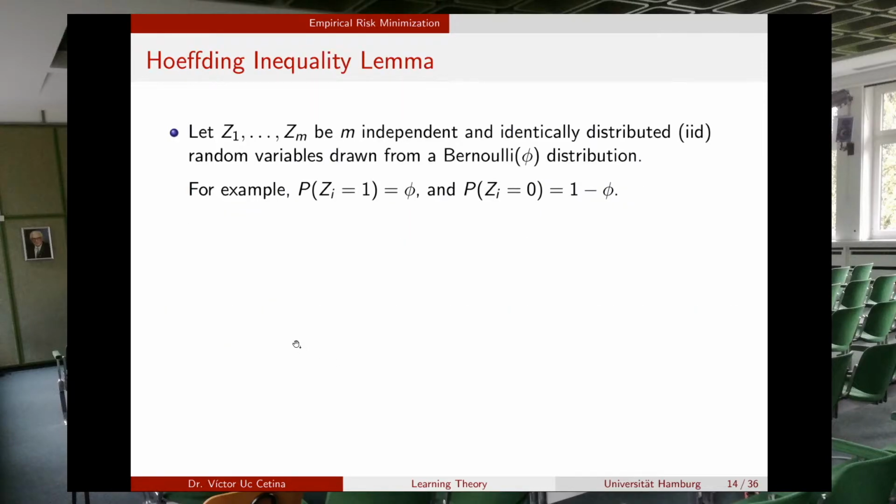Another lemma that we will need is the Hoeffding inequality. This lemma says, let Z1 to Zm be m independent and identically distributed random variables drawn from a Bernoulli distribution. So these IID conditions mean that all these m events are independent from each other and identically distributed, so they were generated in an identical process.